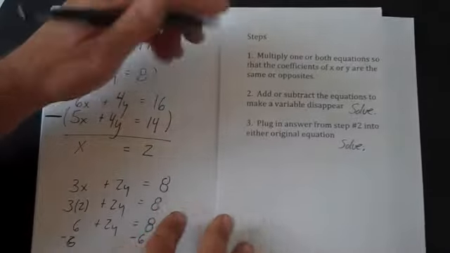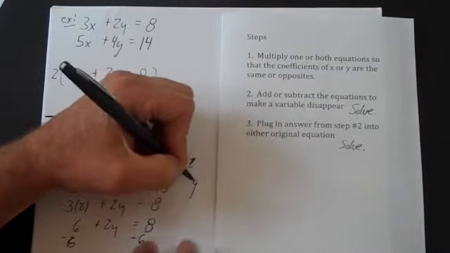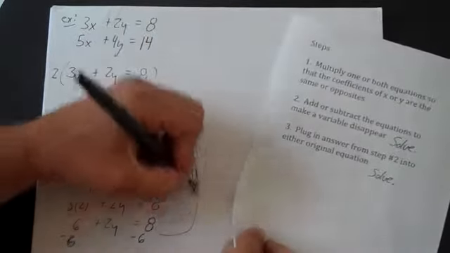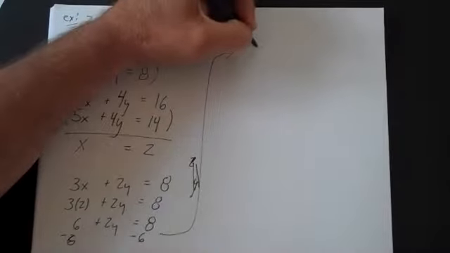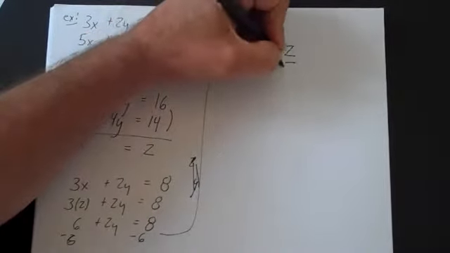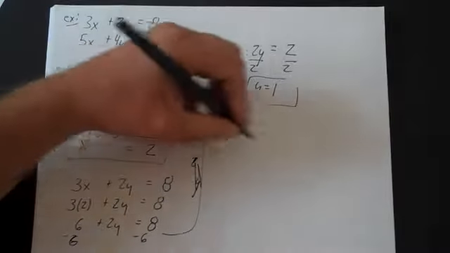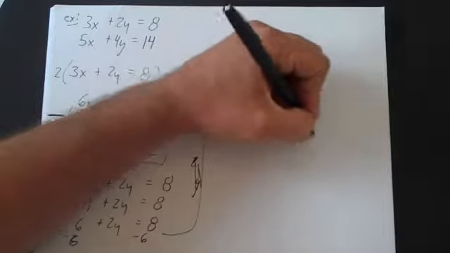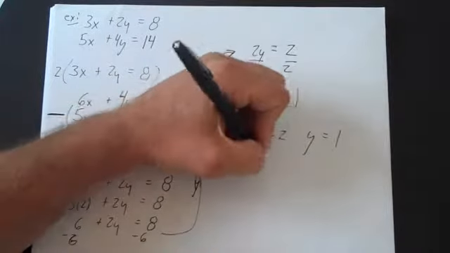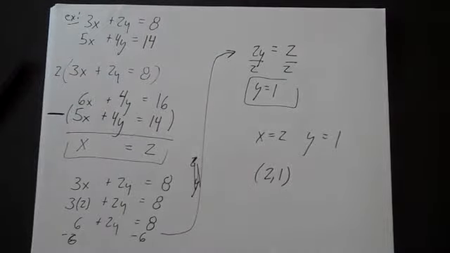And I get 2y is equal to 2, and divided by 2, y is equal to 1. So my answers are x is 2 and y is equal to 1. Typically it's written like this, (2, 1). Let's put a box around it and we're done.